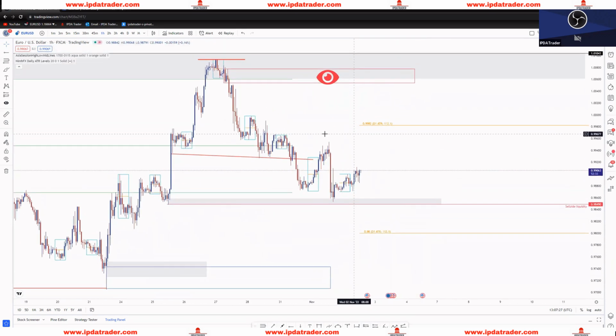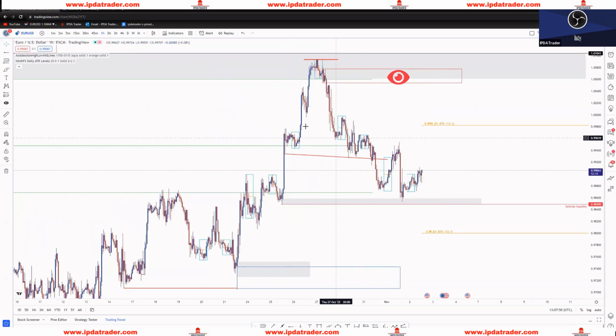And what I would want to see, obviously, for FOMC is any rejection or grab of sell side or buy side liquidity, and I'm going to be taking the opposite direction, which is what I have done these past 4 FOMCs. But do not worry, we're going to get into that once we're done with the analysis. For now, we're focusing on Euro USD.